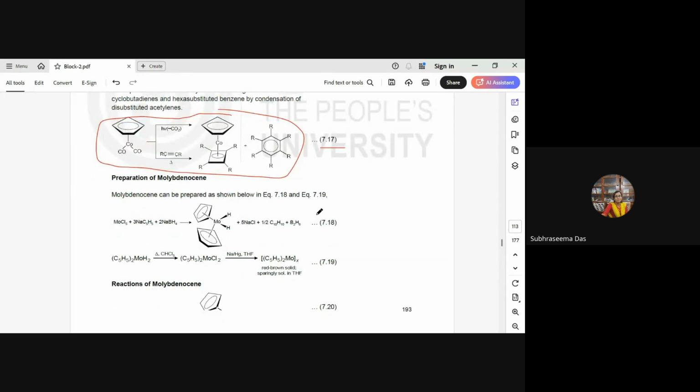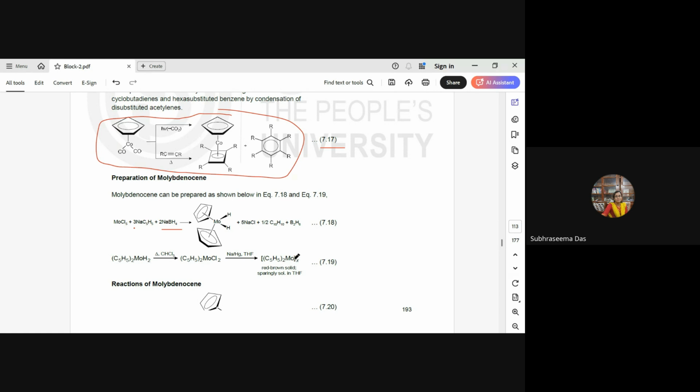Now coming to the preparation of molybdenocene. Molybdenocene is prepared in two important steps. In the first step, we use MoCl5, sodium Cp, plus NaBH4. This forms the molybdenum complexes.